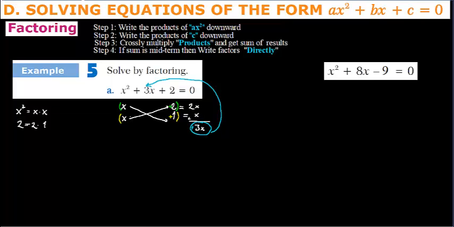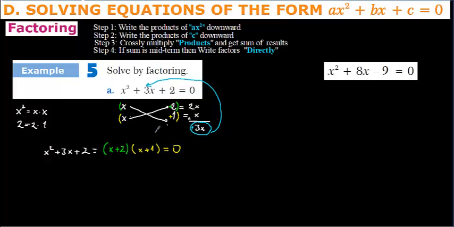That's why while I'm writing the factors, I write x plus 2 times x plus 1 is going to be equal to 0. So x squared plus 3x plus 2 is equal to x plus 2 times x plus 1.